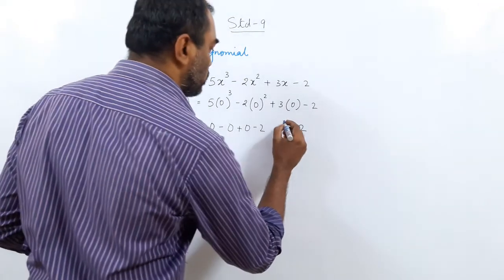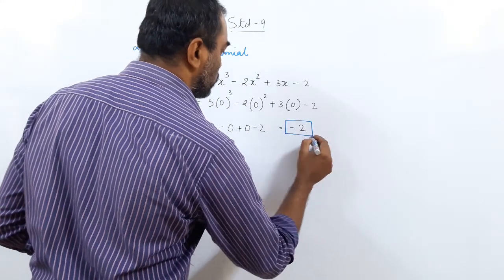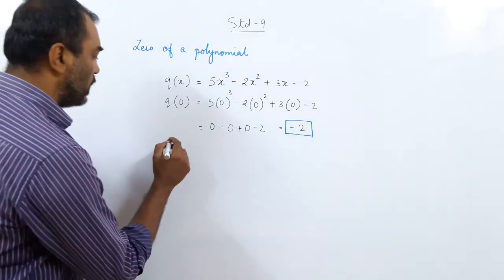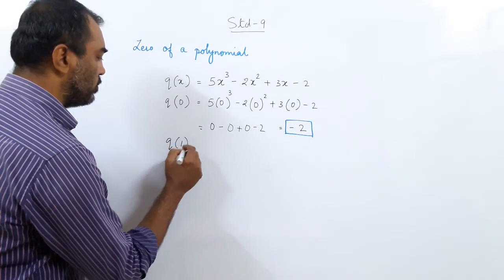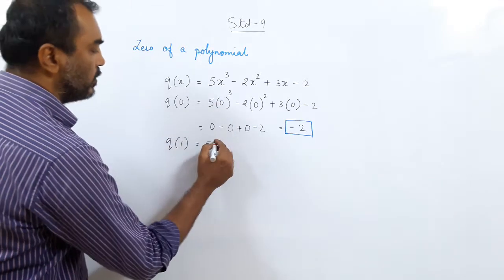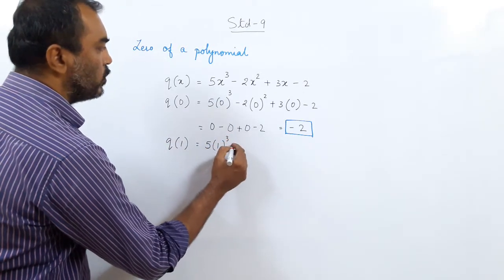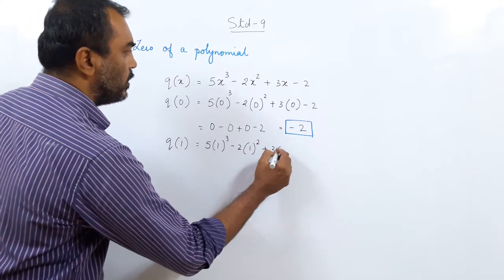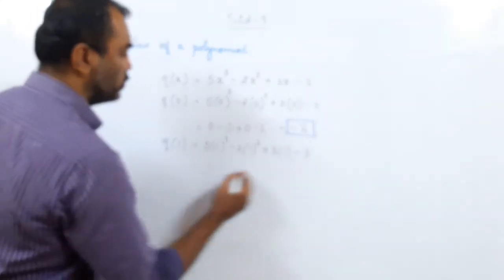Okay? Minus 2. Now let us try by putting 1. Wherever we have got x, we will put 1. So 5 into 1 cube minus 2 into 1 square plus 3 into 1 minus 2.